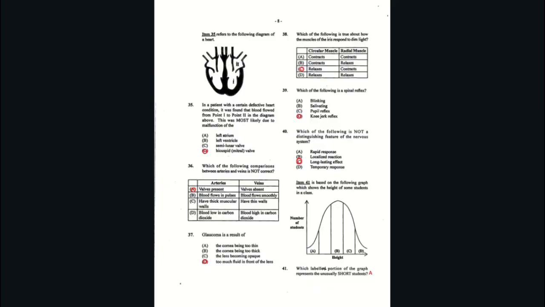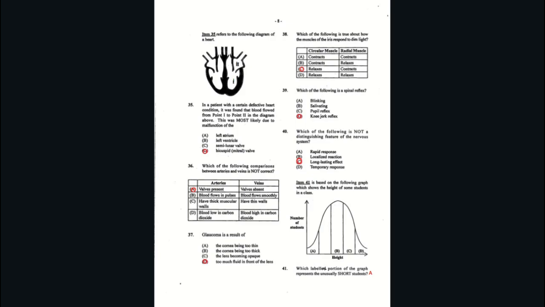So the answer is going to be C. The circular muscle relaxes and then the radial muscle contracts. Number 39. Which of the following is a spinal reflex? And the answer is going to be D, the knee jerk reflex.